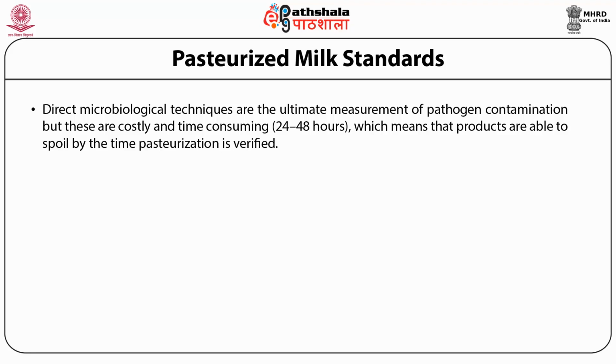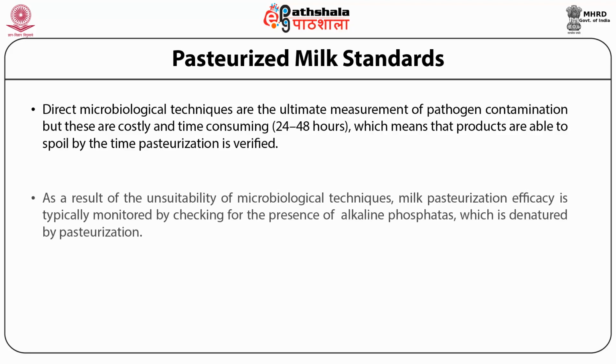But as we know, these methods are costly as well as time consuming. They require nearly 24 to 48 hours to produce results. Therefore, we require some other method because in such a long time, the pasteurized milk will get spoiled.